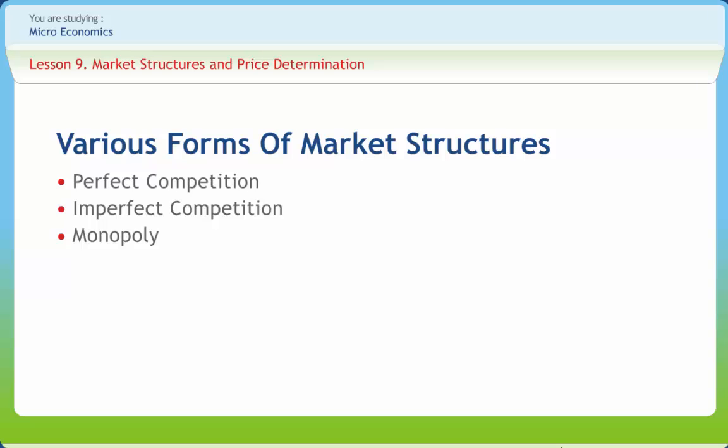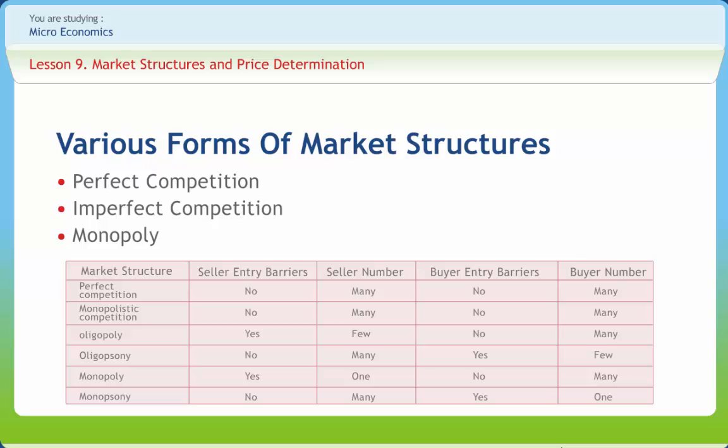As such, it is an extreme form of imperfect competition. We can take a quick view by watching this table.